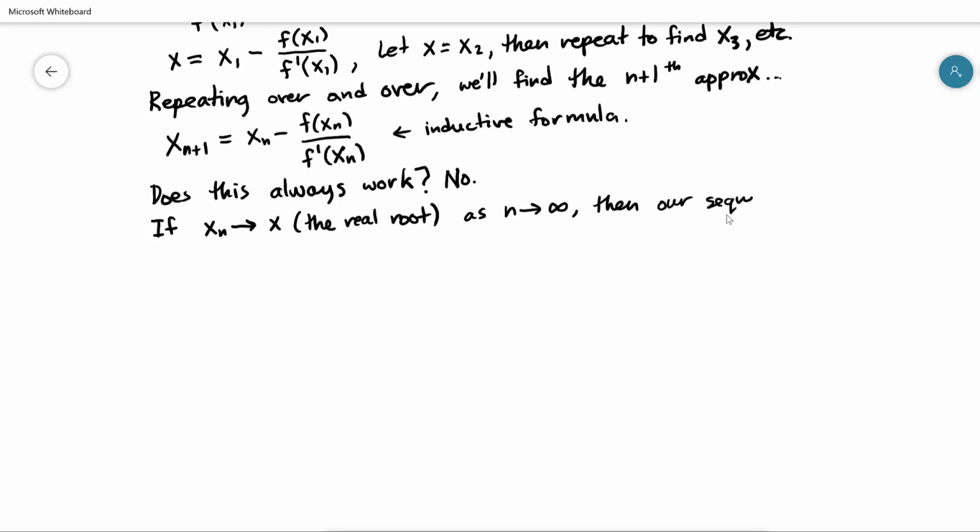Our sequence of approximations converges to the correct answer.